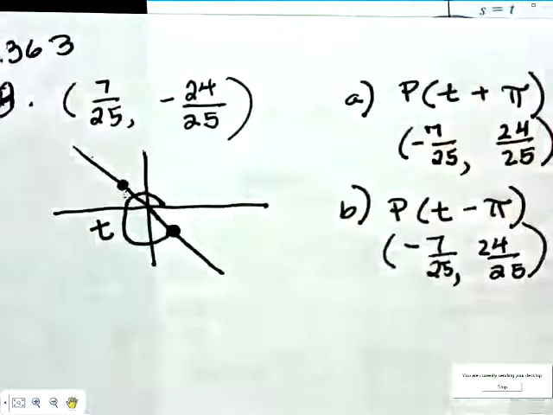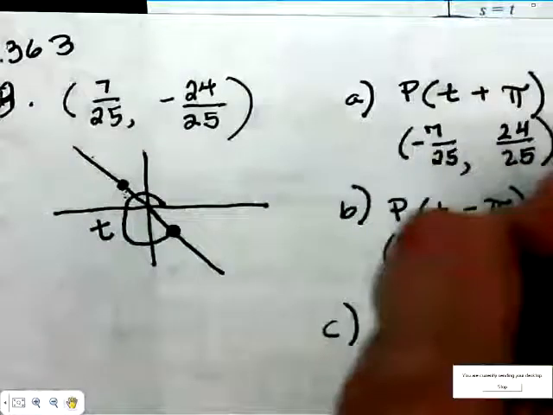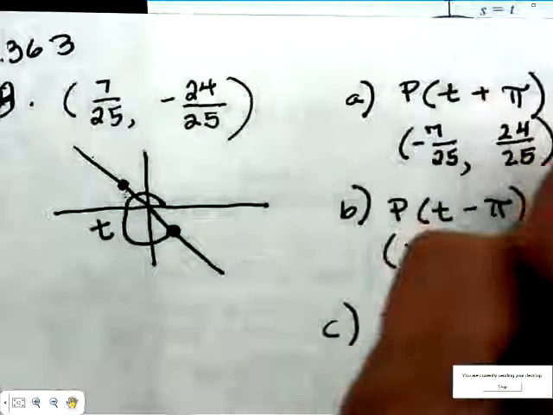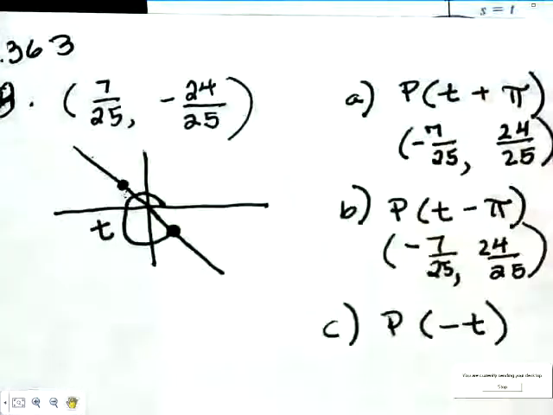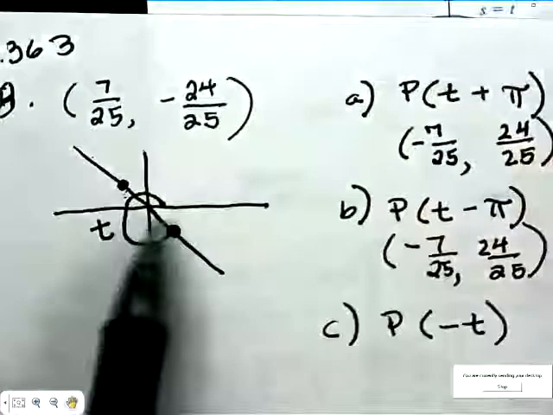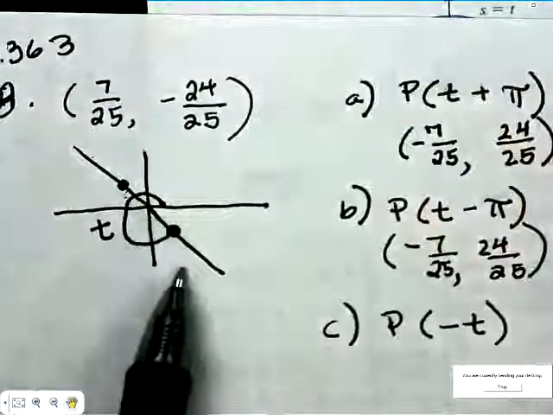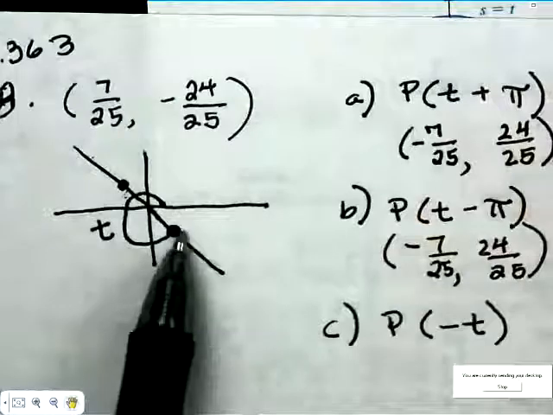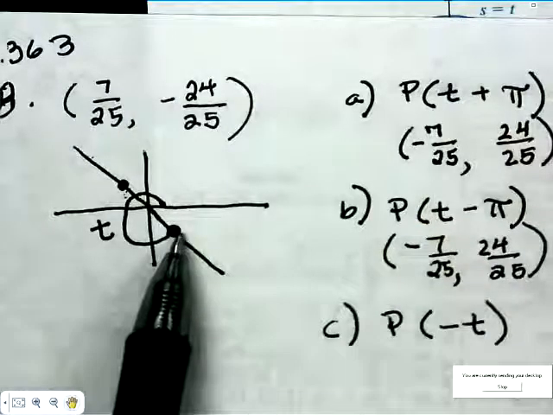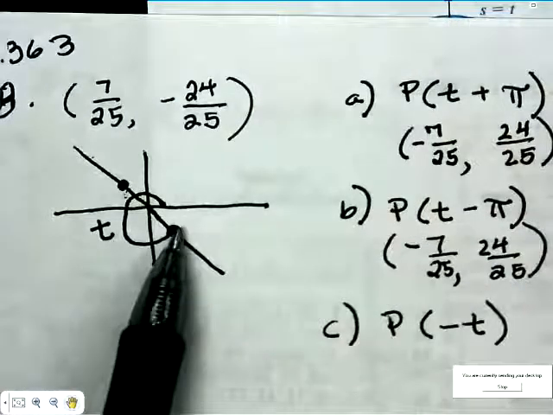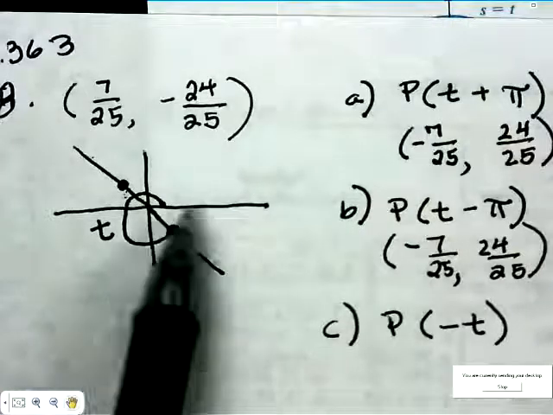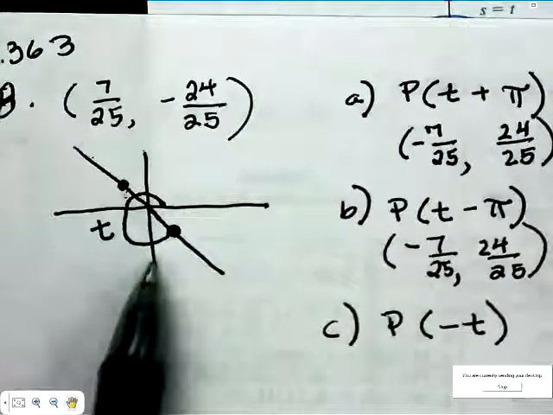And then the C part, p of negative t. Now, I don't know how many degrees it takes to get to this terminal side that corresponds to that point. I know it's between what and what? Between 270 and 360.